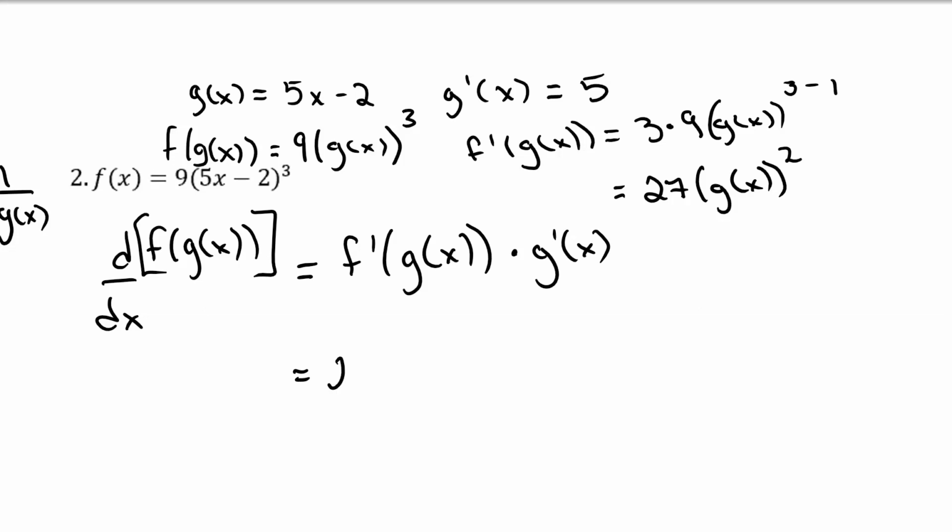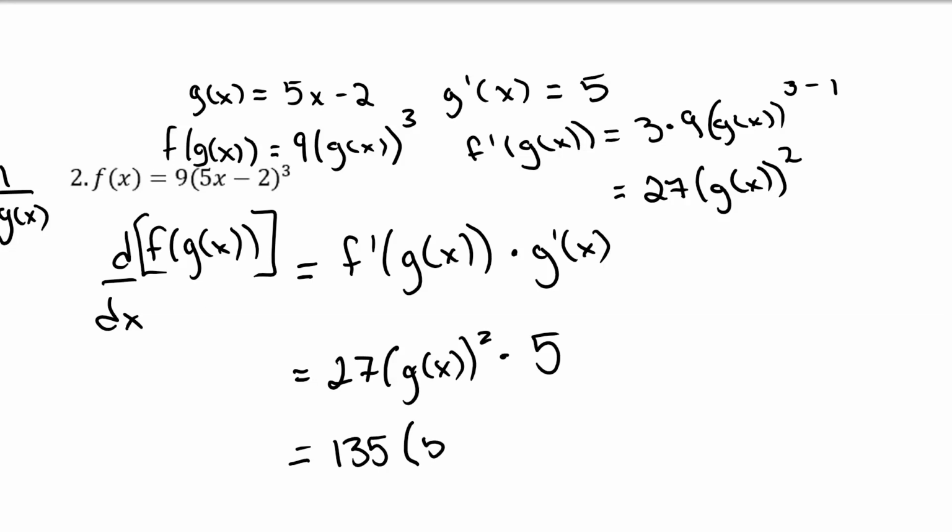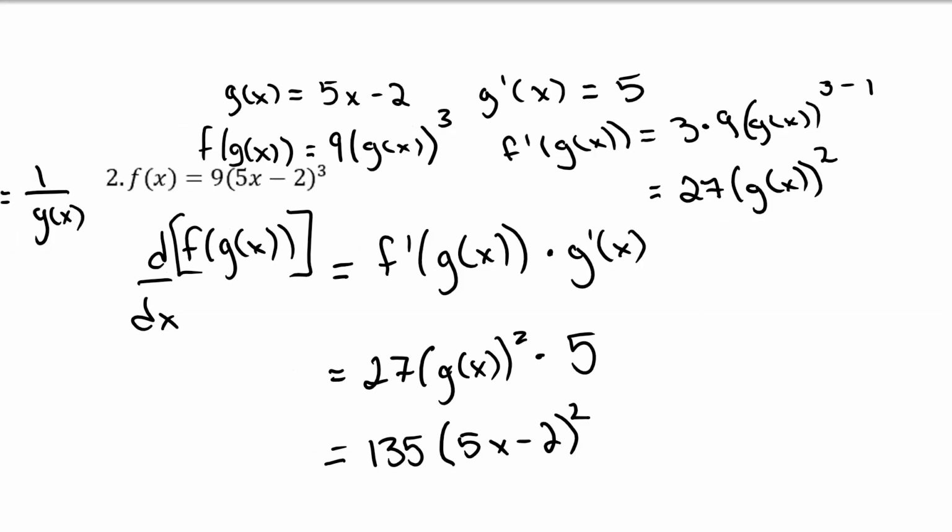So we've got 3 g of x squared times 5. 3 times 5 is going to give us a value of 15, and then we know that g of x is 5x minus 2. If we wanted to, we could expand that and distribute the 15, but we're just going to call it a day right there.